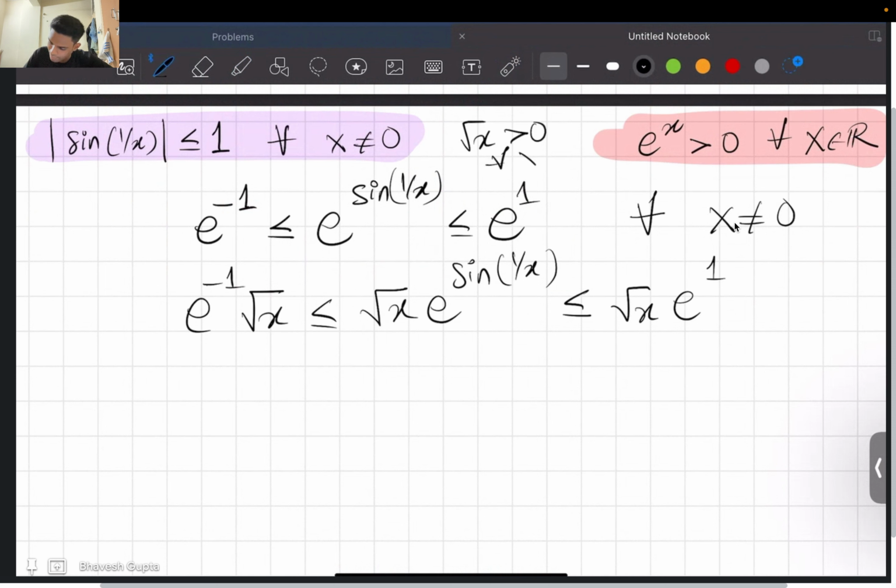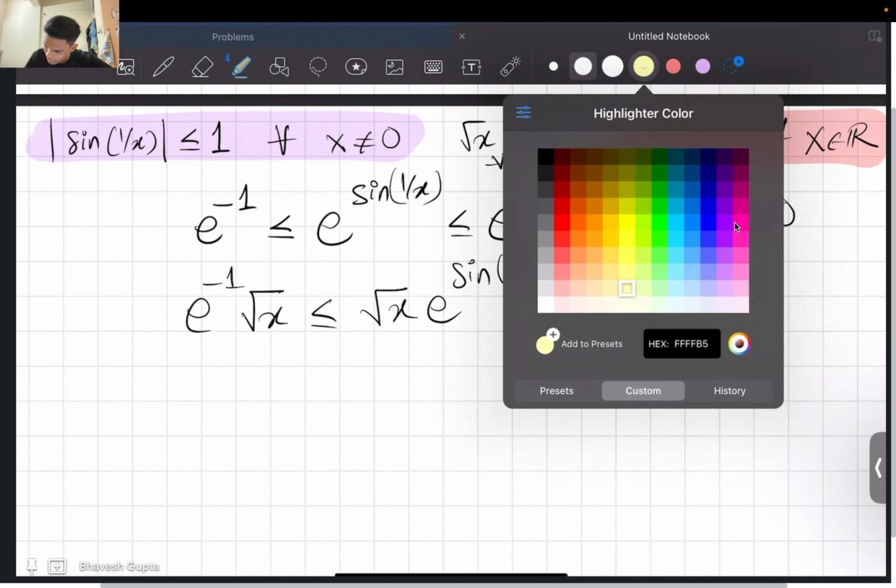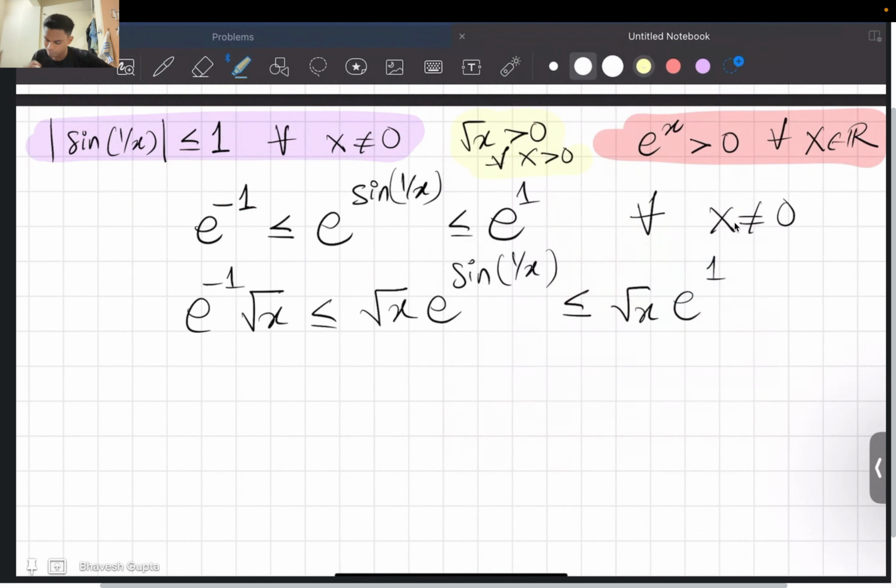For all x greater than 0. So since my root x is a positive quantity, I can always multiply and divide by a positive quantity throughout my inequality without having to worry about the sign, right? Because when you multiply by a negative number in an inequality, you have to worry about the sign.